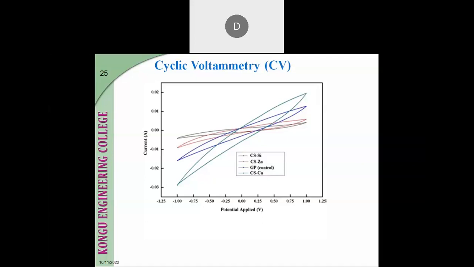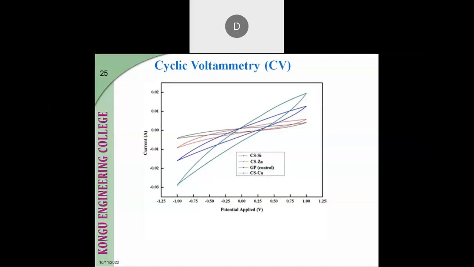Based on the literature, when you increase the activated carbon loading, which also enhances the anode power, more activated carbon means more electrochemical activity.